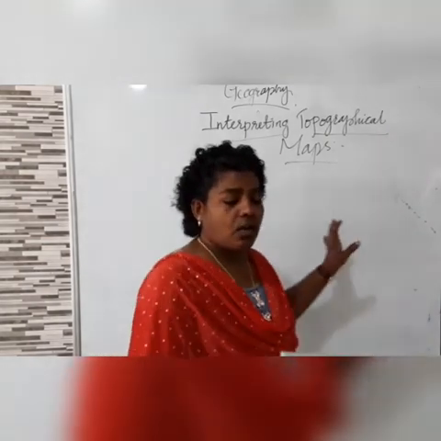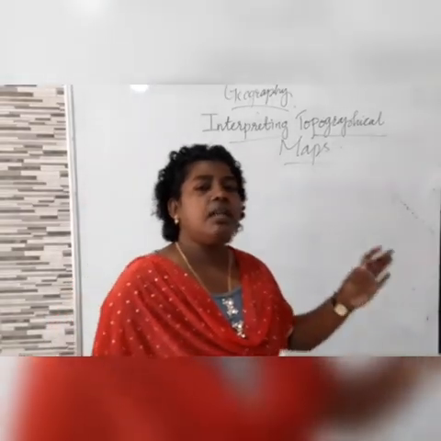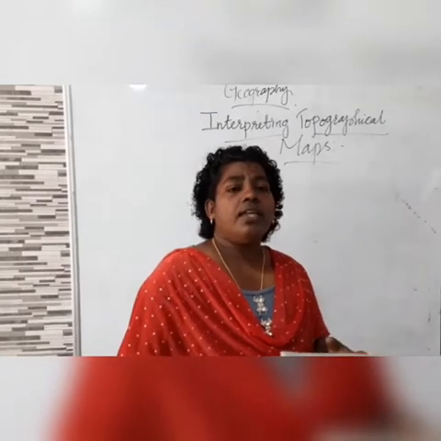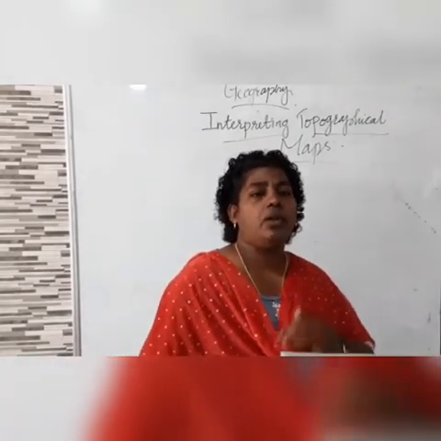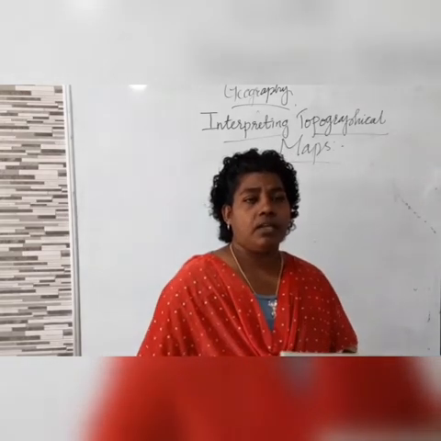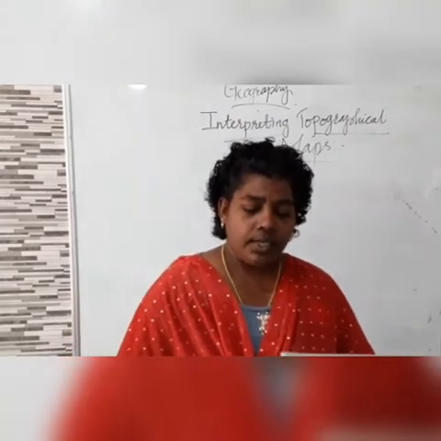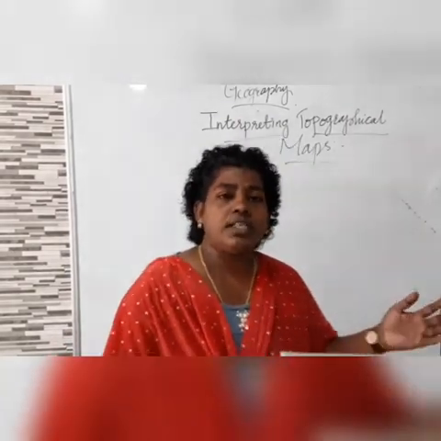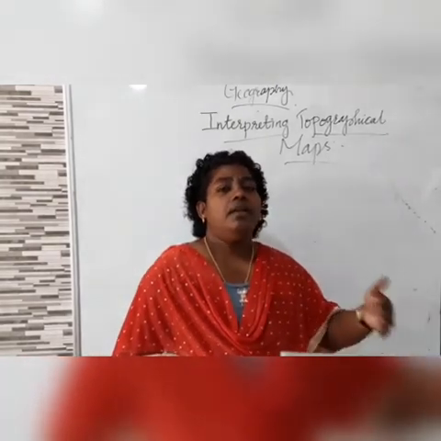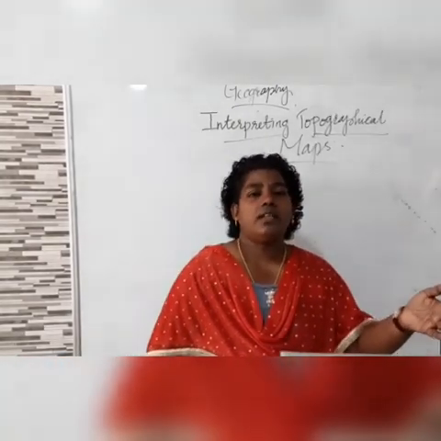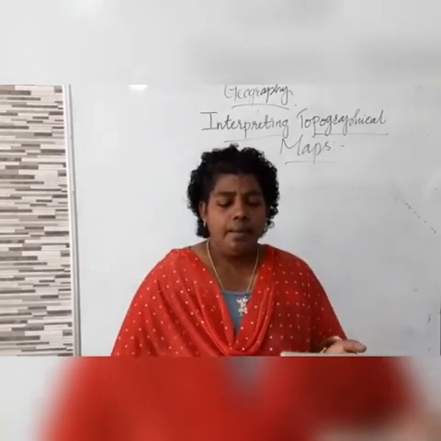So here also we are learning about the settlement pattern, the location of the settlement, how people located themselves in a settlement. The first factor is availability of water. Wherever the water supply is there, wherever the river is available, wherever there are confluences, where the tributaries join with the main river.